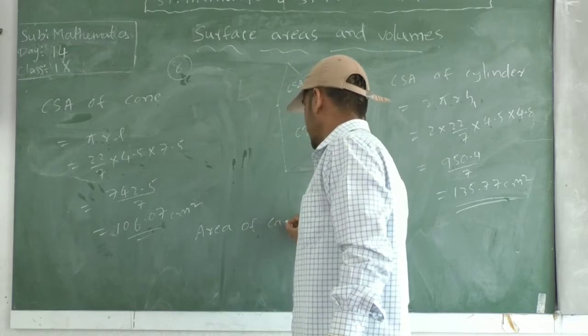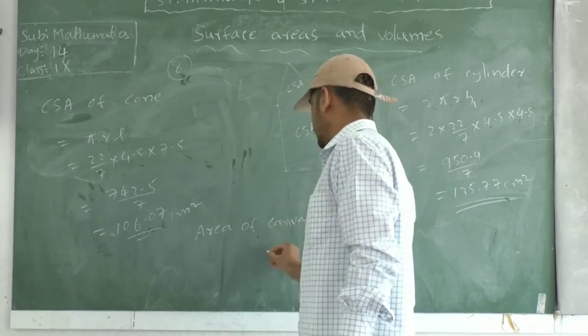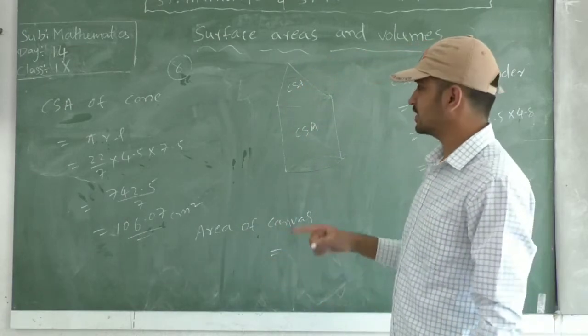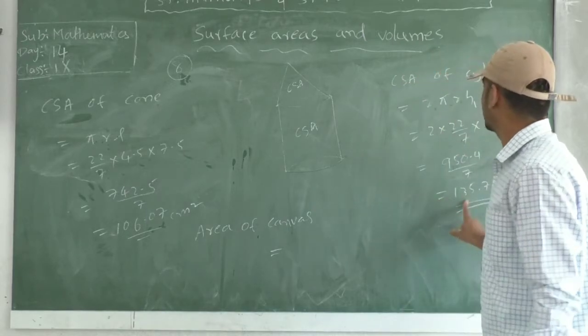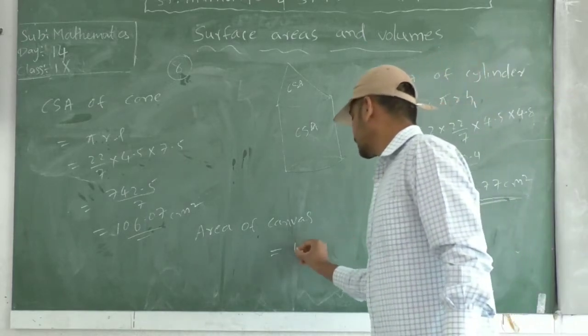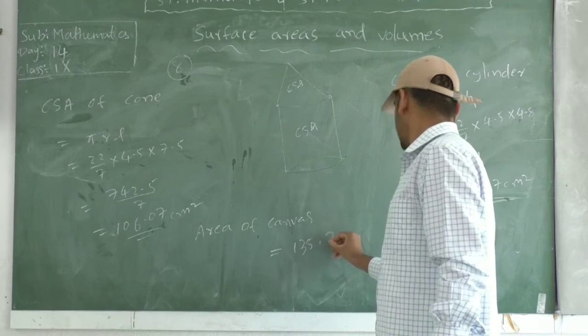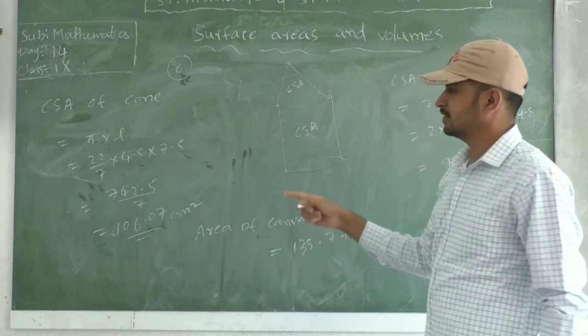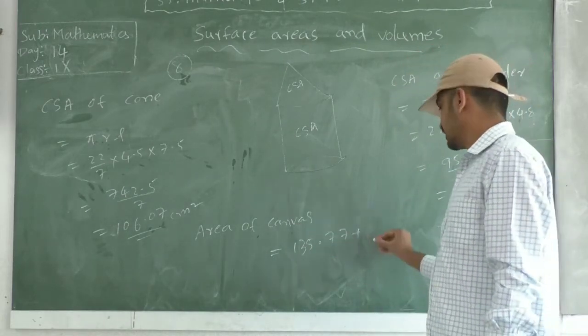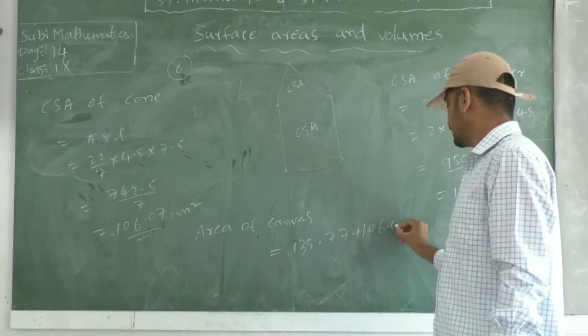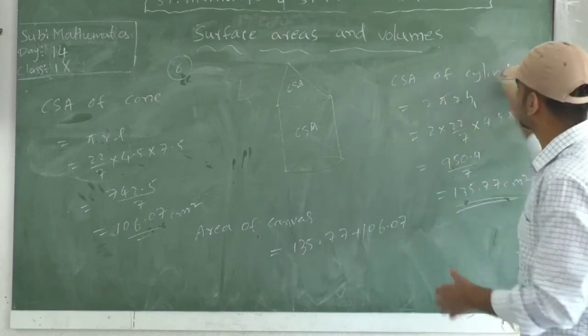Area of canvas cloth equals the CSA of cylinder, that is 135.77, plus the CSA of cone, that is 106.07.